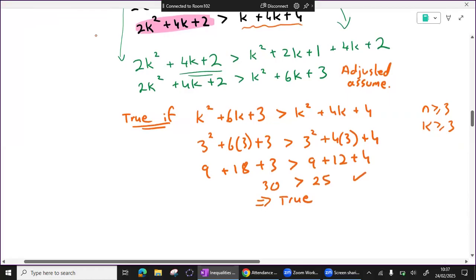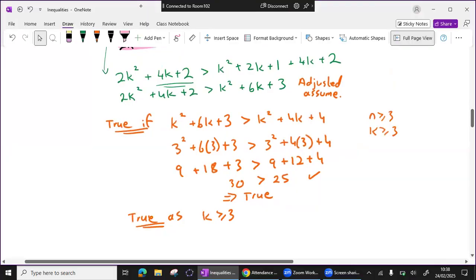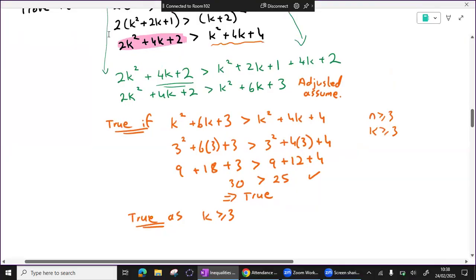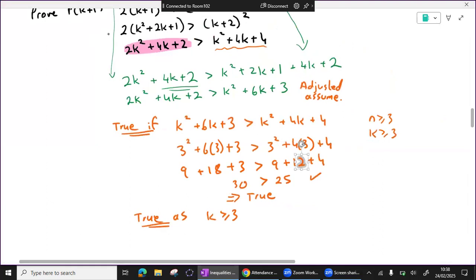Now, it is true as k is bigger than or equal to 3. If that restriction wasn't there, it wouldn't necessarily be true. Now that I've shown it to be true, I can go back to my prove sentence. My prove sentence was 2k squared plus 4k plus 2.